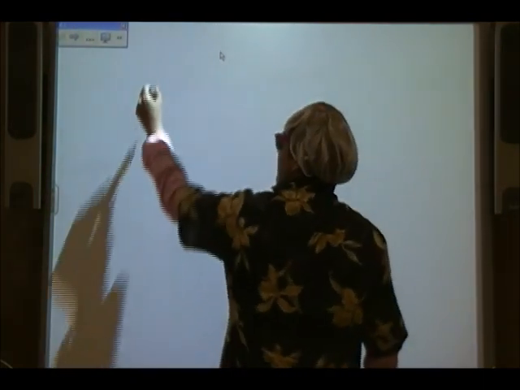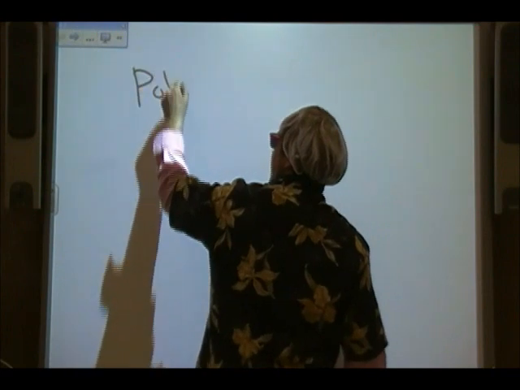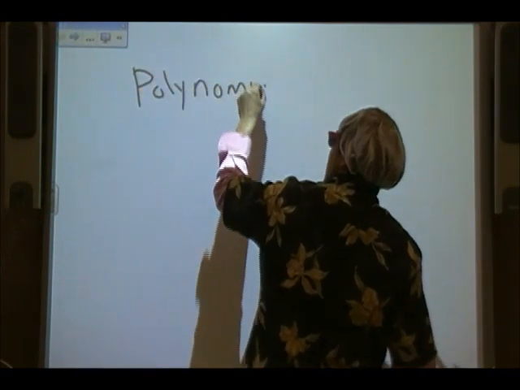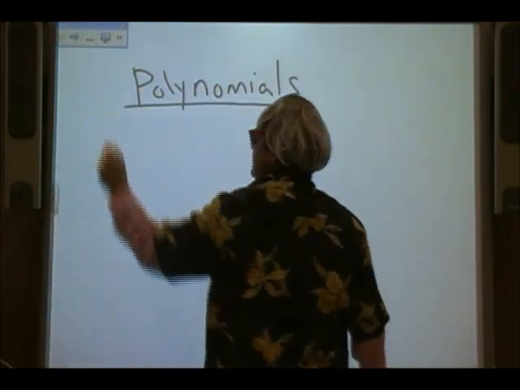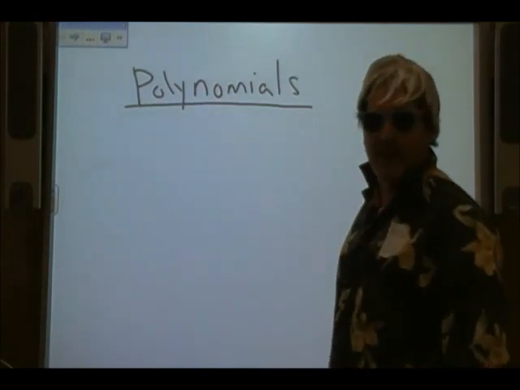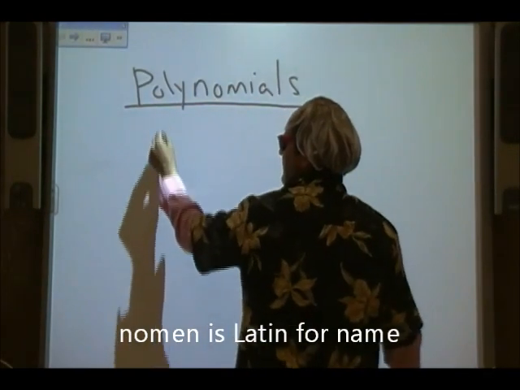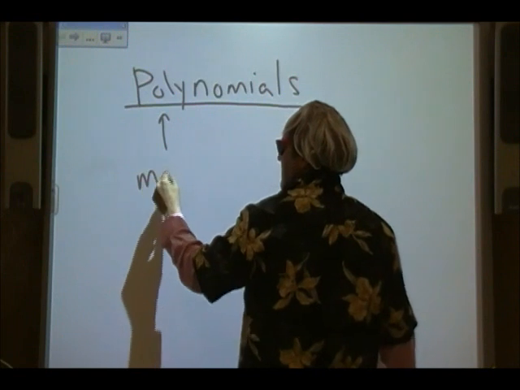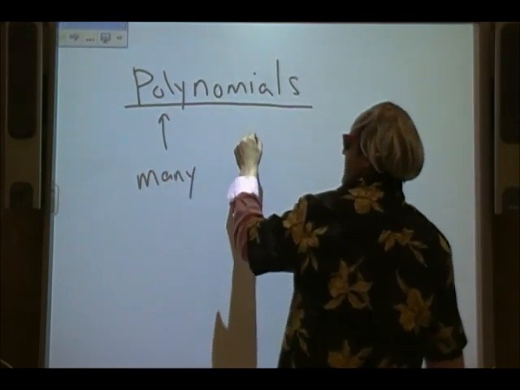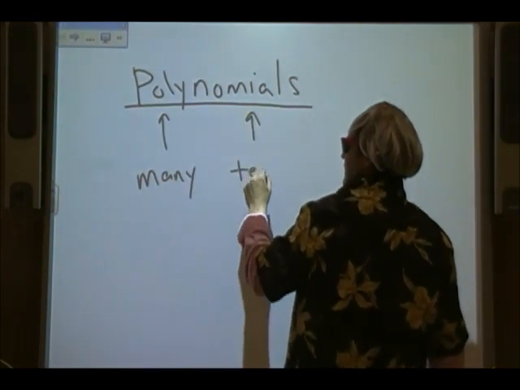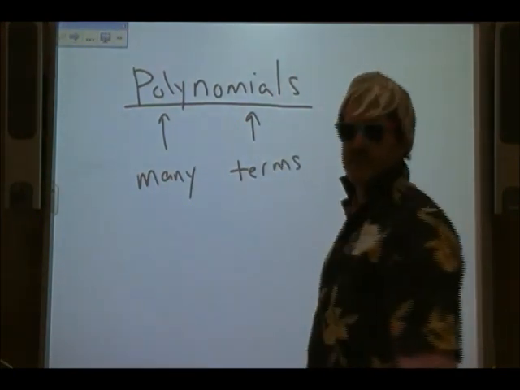We hear that word all the time in algebra and it's like, what the? Polynomials. It's a Greek word. It's very simple. The poly means many and the nomials are terms.